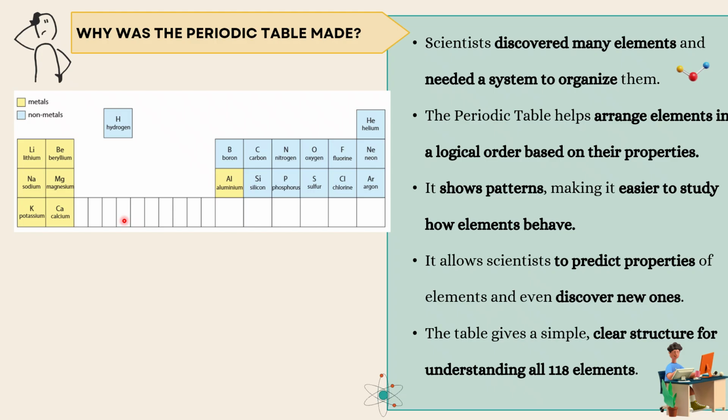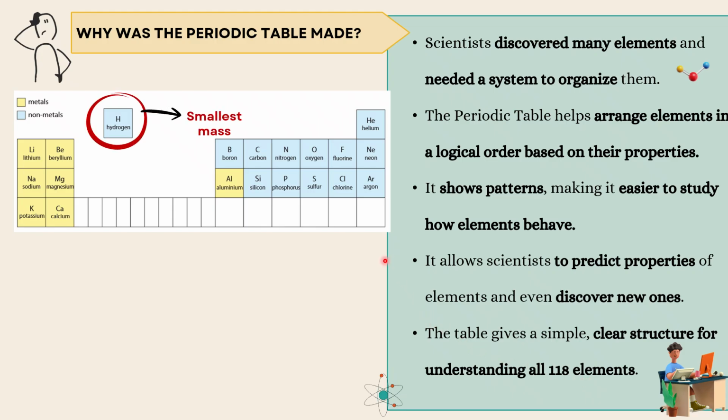Currently we have the most appropriate periodic table available. For your grade level, we will be learning about 20 elements from this periodic table, and it was the easiest way to understand all the 118 elements that have been known to humanity till now.